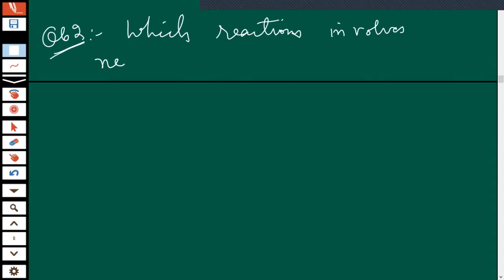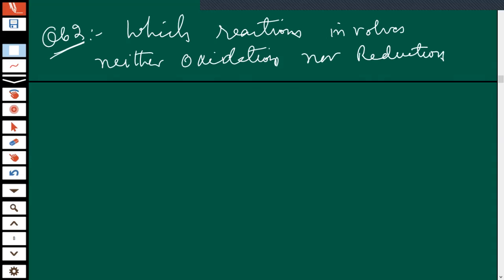Which reaction involves neither oxidation nor reduction?